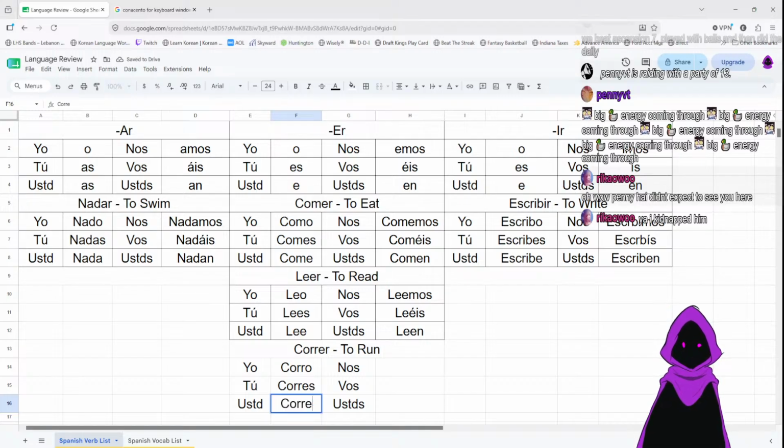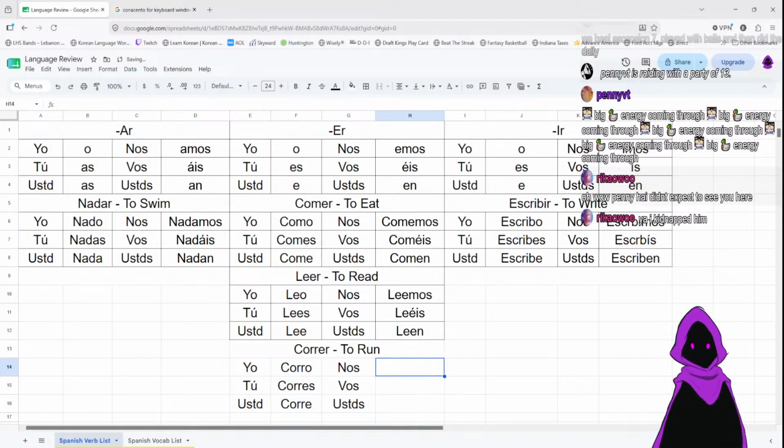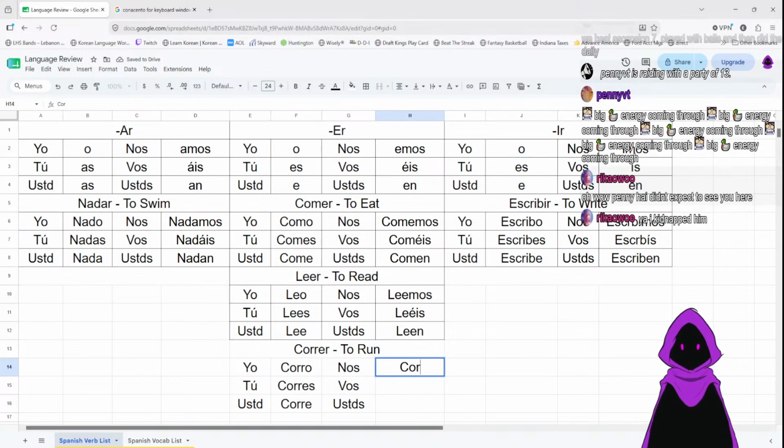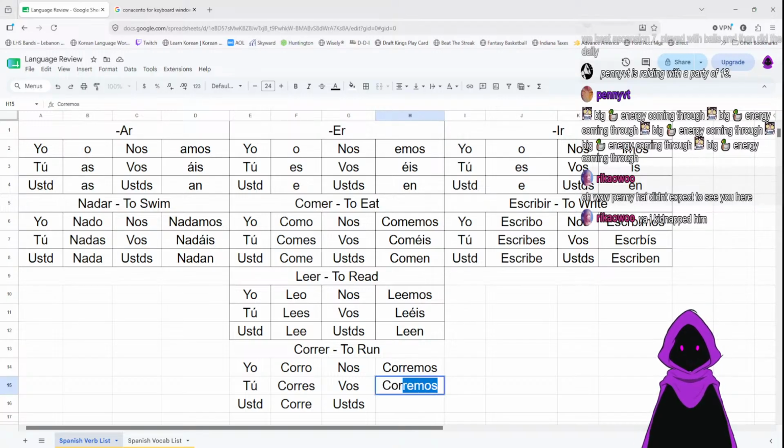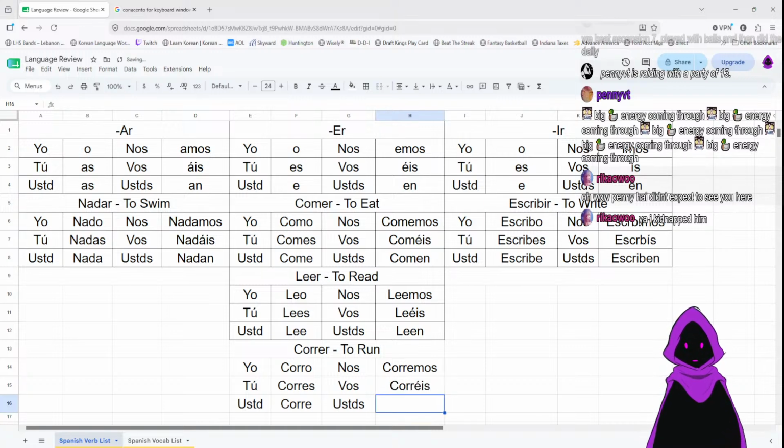Corre for he, she. Corremos, we run. That's two R's, which is why we're rolling our R's here. When you have a double R, you roll that R. For y'all, corréis, you run. And corren.